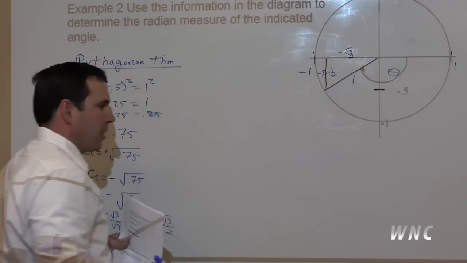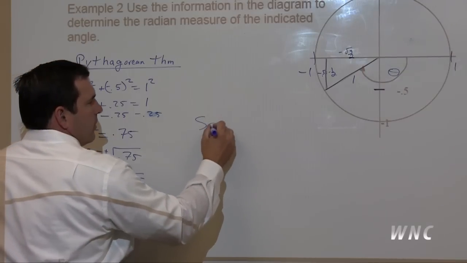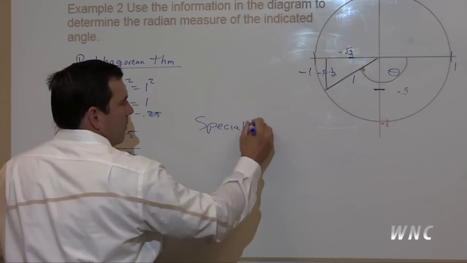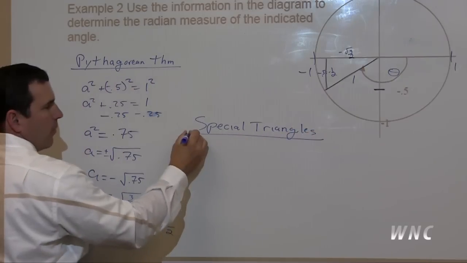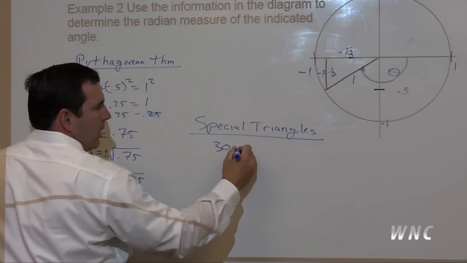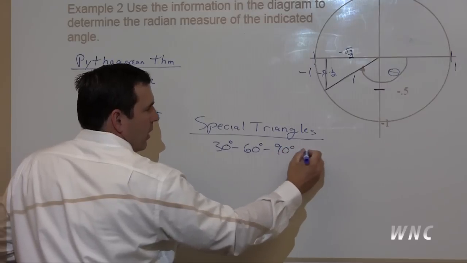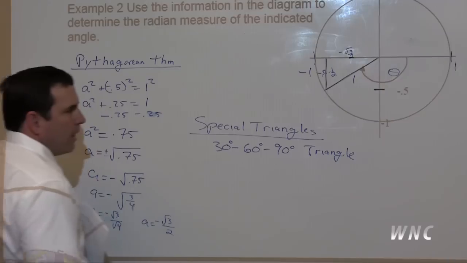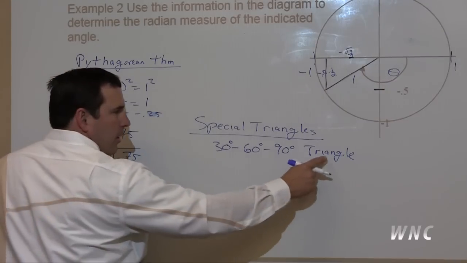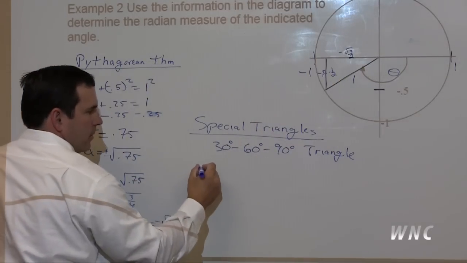Now let me tell you something about triangles. There are some special triangles, and some of you may have dealt with this if you've had a geometry class before. One's called a 30, 60, 90 degree triangle. In a 30, 60, 90 degree triangle, the relationship between the sides is this.